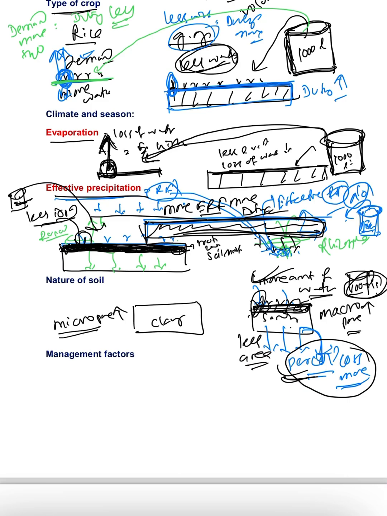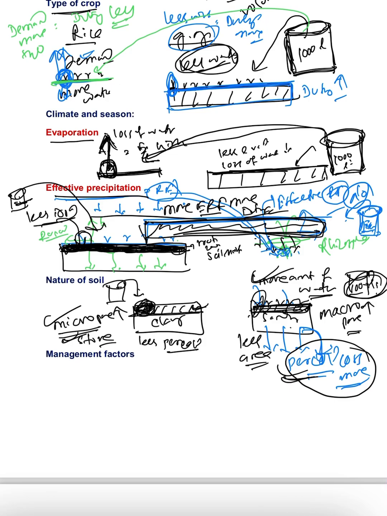But in the case of clay soil, percolation is very low. With more micropores, most of the water will be stored within the micropores in the rhizosphere zone. Whatever water I apply will be stored here, with no loss or very minimal loss.